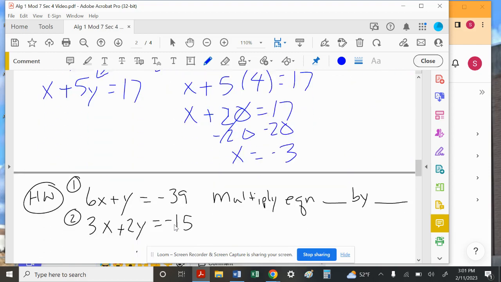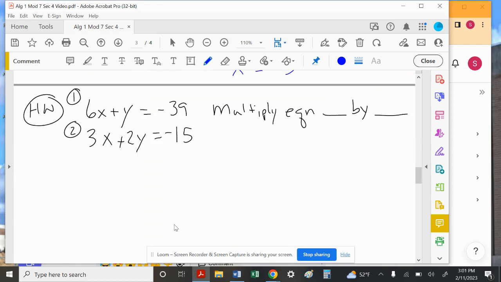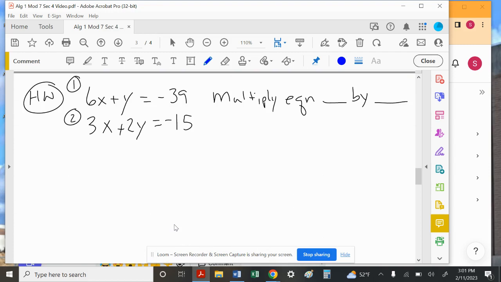Okay, let's go down and do the next one. So on the next one, we have 6x plus y equals negative 39. We have 3x plus 2y equals negative 15. Now there's a couple of different things that I can do. I can multiply this first one by negative 2 and then cancel out the y's.